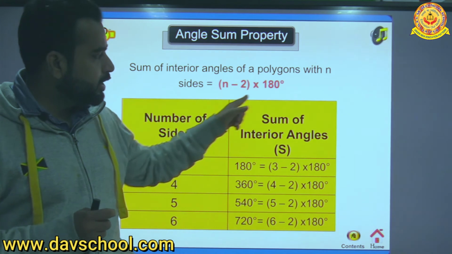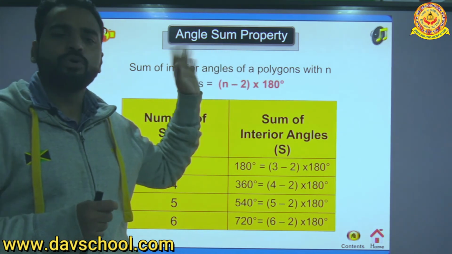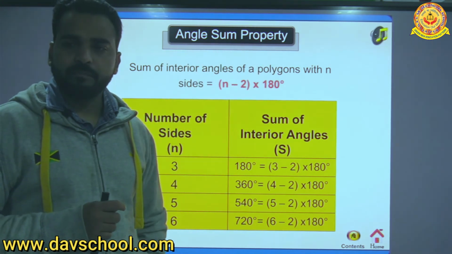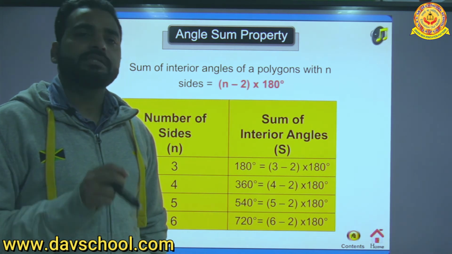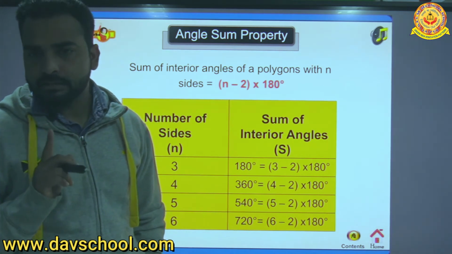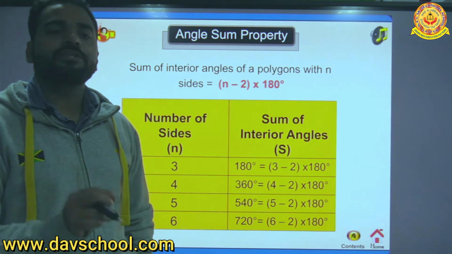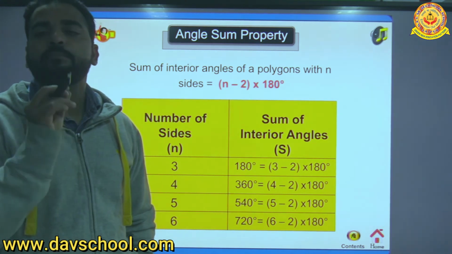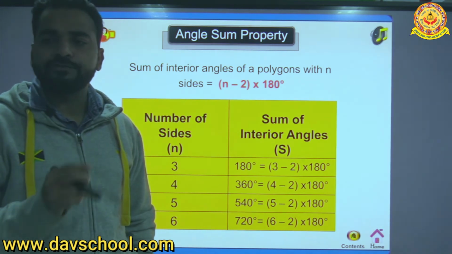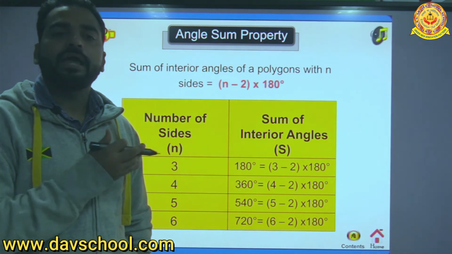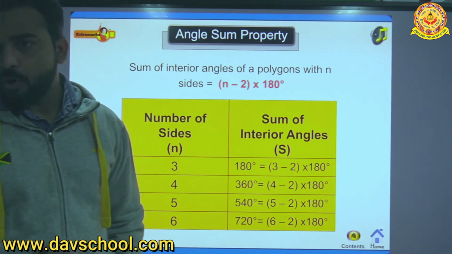Now you have to learn this formula, (n minus 2) into 180 degrees. N is the number of sides. So you can just replace the value of n by the number of sides, like 3, 4, 5, 6, and you can get the angle sum of a particular polygon.